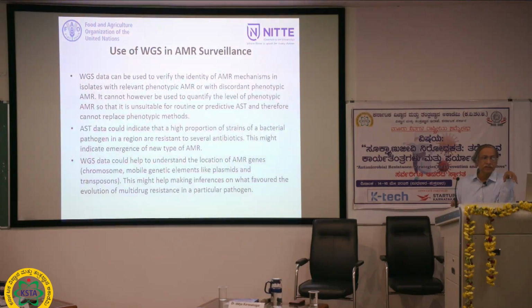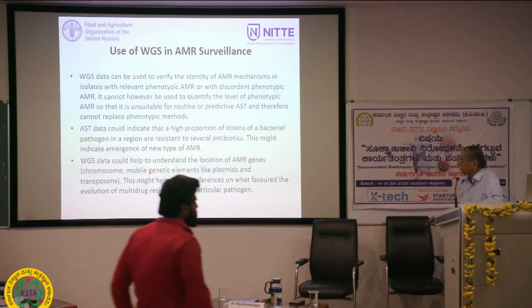So you cannot directly translate the genomic information to phenotypic information, so you should always perform both. Just because you have a sequencer and the sequence information, it's not that you can do away with the phenotypic method.